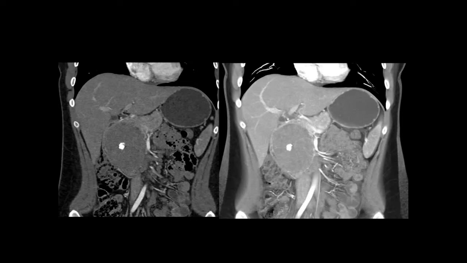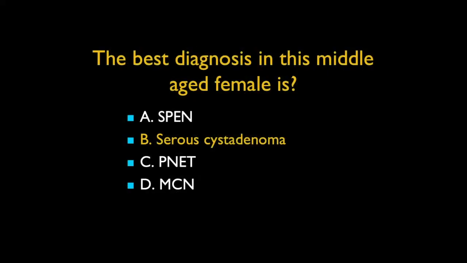It usually enhances more and is not so smooth, but it can be. And MCN can calcify, but it's cystic and in the body. The age is good, middle-aged female. But this is more classic. If you look hard, particularly the image on your right, it looks cystic, it looks like septations, and it looks like there's calcifications present. And this is just a really good example of a serous adenoma.